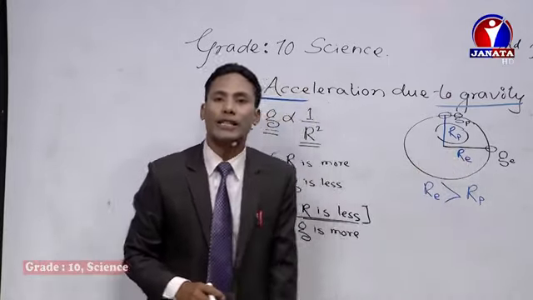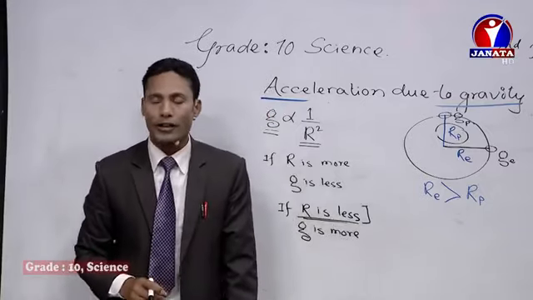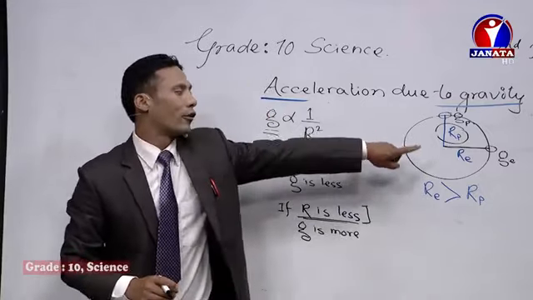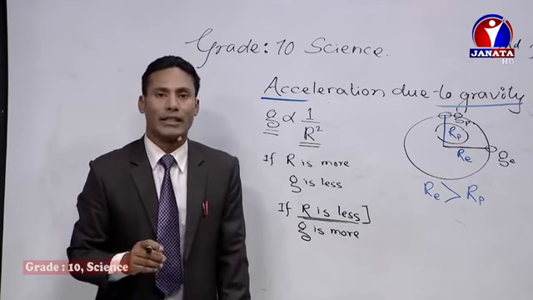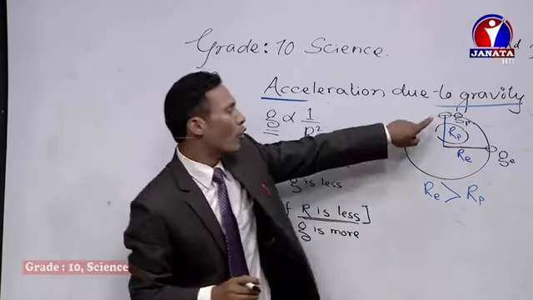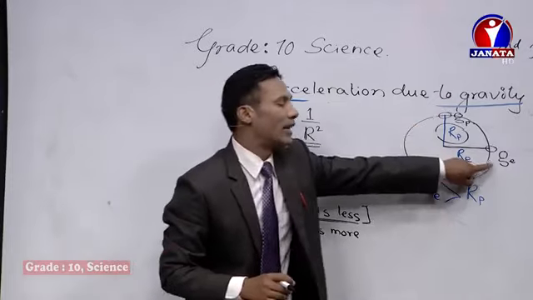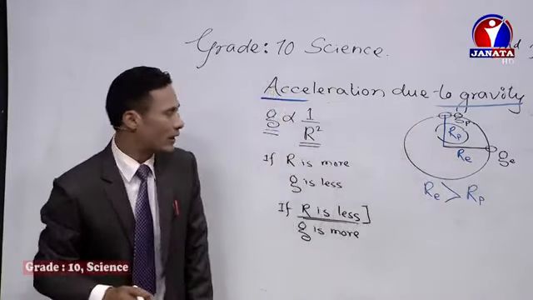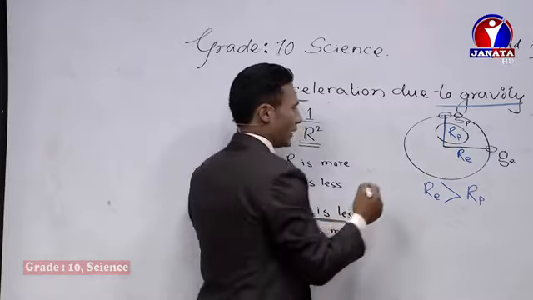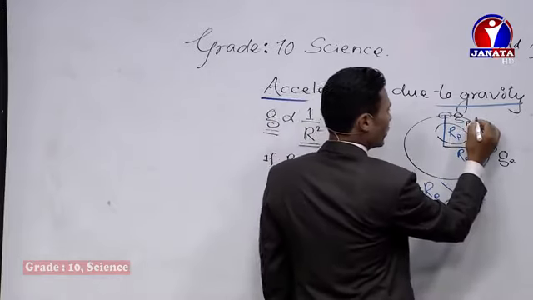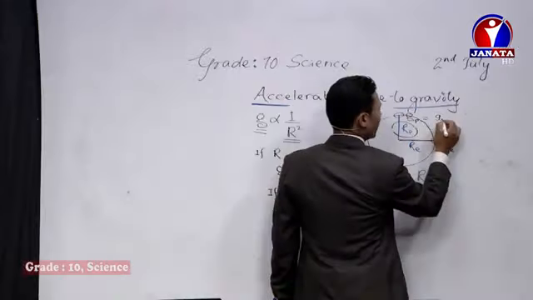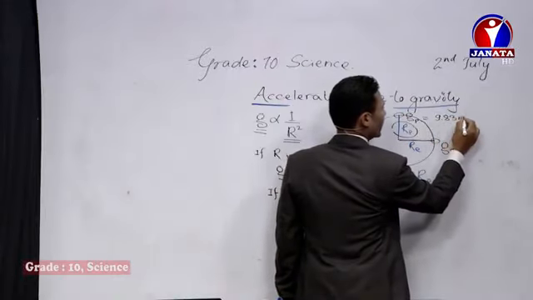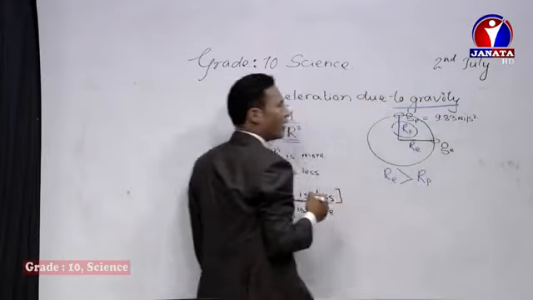So due to the change in the radius of the earth in the polar region and the equatorial region, the value of acceleration due to gravity varies. It is more in the polar region and less in the equatorial region. The acceleration due to gravity at the polar region is 9.83 meter per second square, right?